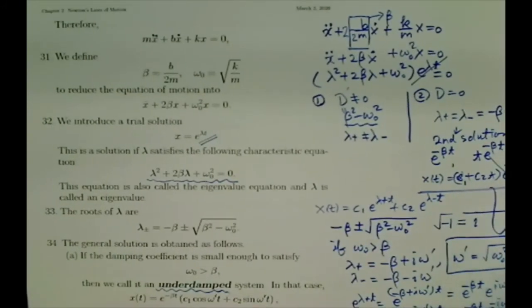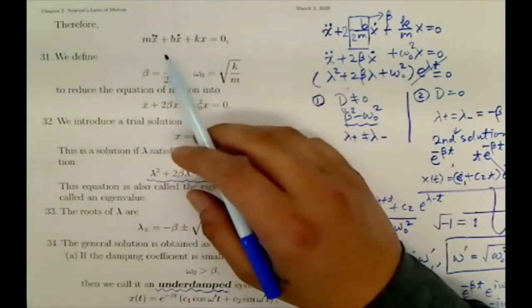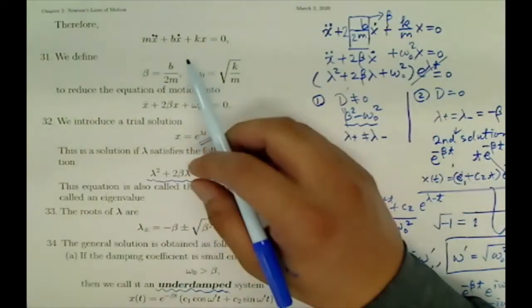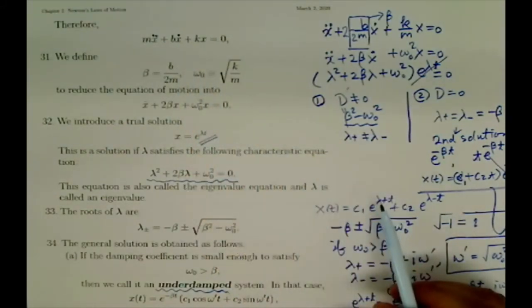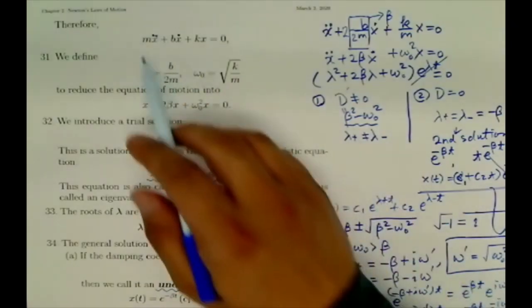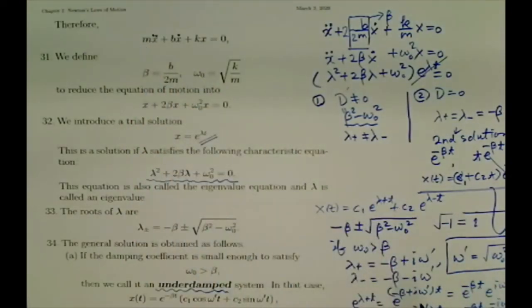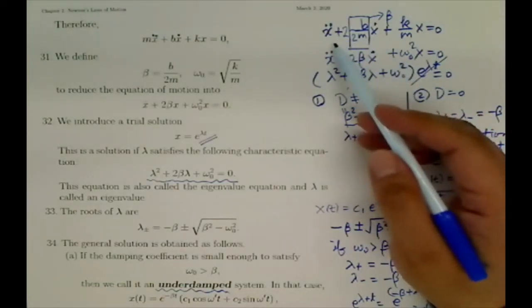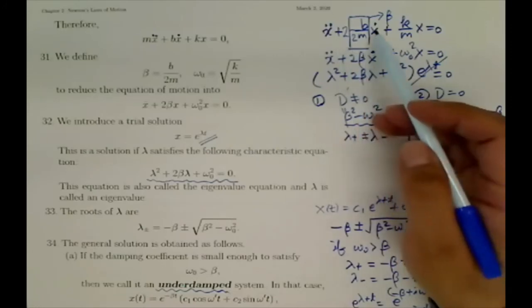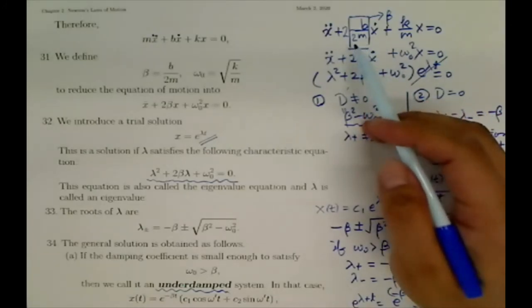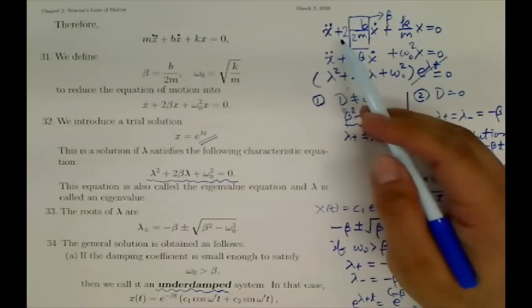The damped harmonic oscillator can be solved in the following way. The equation of motion that we just constructed is mx double dot plus bx dot plus kx equals 0. Let us divide both sides by the mass m. Then the equation becomes x double dot plus b over m, but let us divide by 2 and multiply by 2.